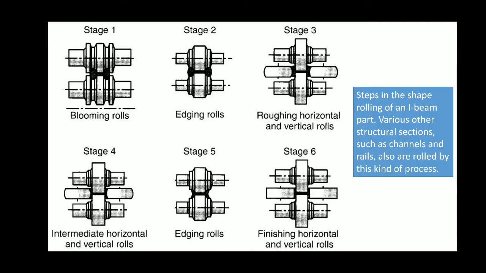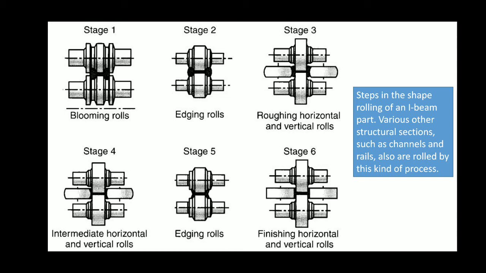Next, in this figure we are showing different steps in the shape rolling of an I-beam. Apart from that, various other structural sections like channels and rails can also be rolled by these kinds of processes.